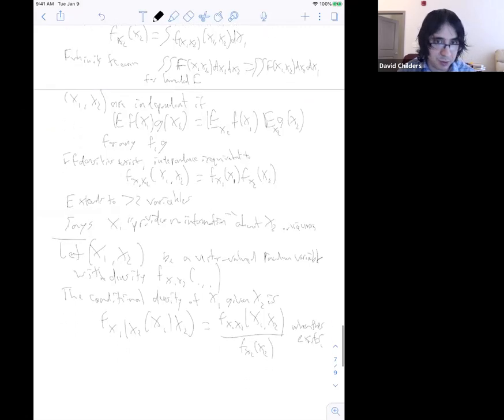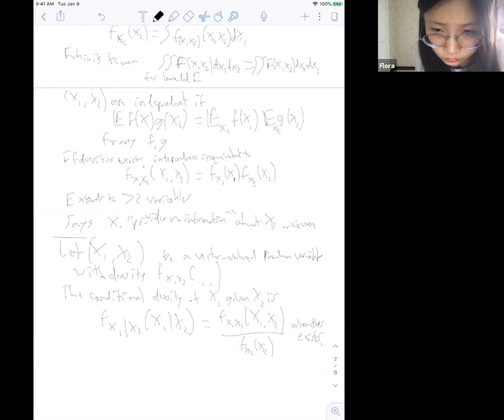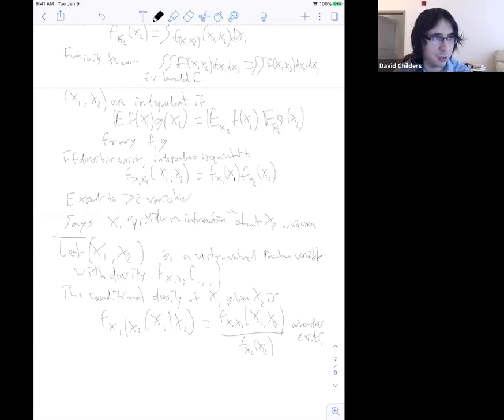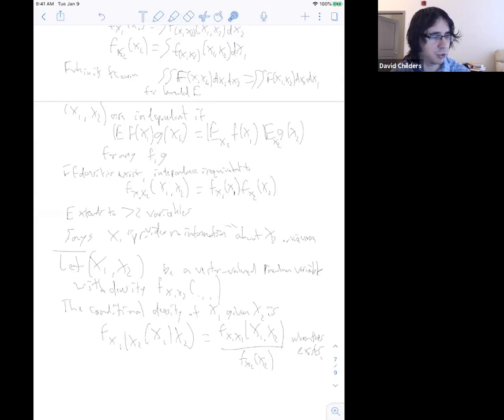And so if the marginal density for x2 is strictly positive, then we define the conditional density as this ratio of the joint density to the marginal density, which recall we can define just in terms of the integral here.